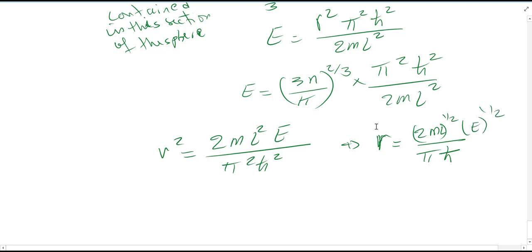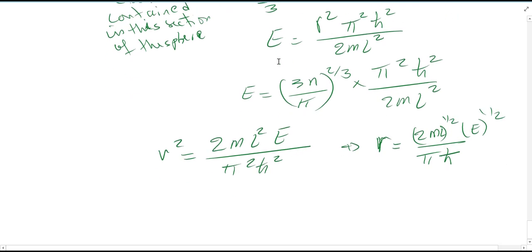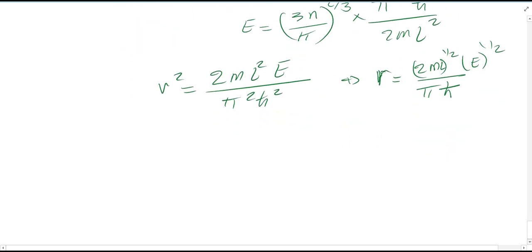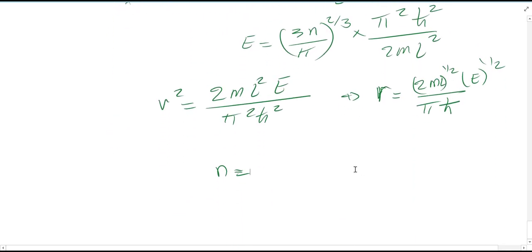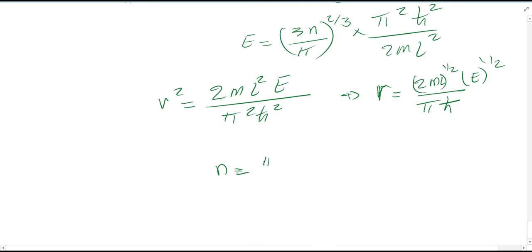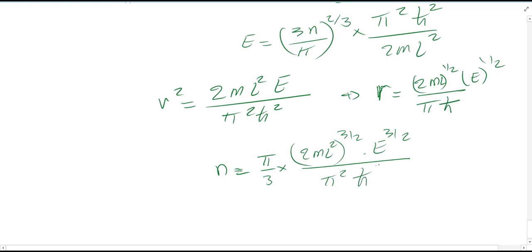Now take this expression and cube it and we will have n as a function of E. So n will be this expression times pi over 3. So we'll have pi over 3 times this expression, which is (2mL squared) to the power 3/2 times E to the power 3/2 divided by pi cubed h bar cubed.